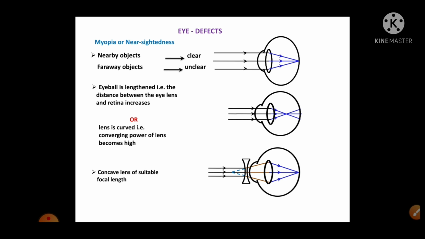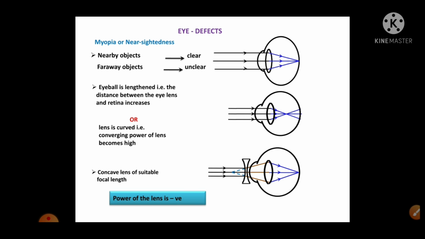Or lens is curved, that is converging power of lens become high. Out of these two reasons, one reason may be there. What is a solution for this? Concave lens of suitable focal length is used. Clear?